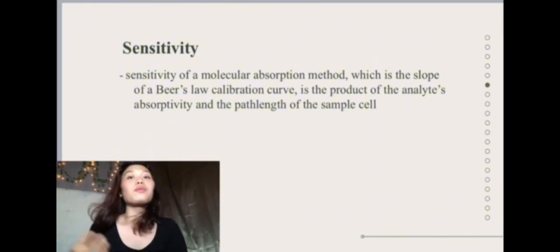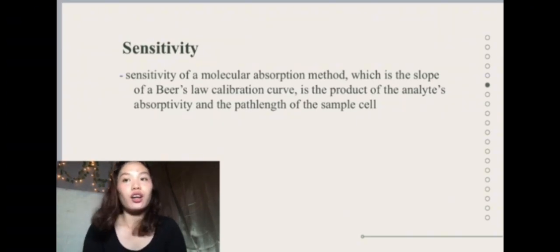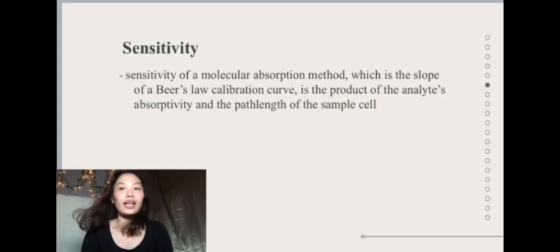So, in absorptivity, kay often ma-denote as epsilon. It is a measure of how strongly the analyte absorbs light at a particular wavelength. So, it is an intrinsic property sa analyte nga mo-vary siya sa wavelength sa light nga magamit.